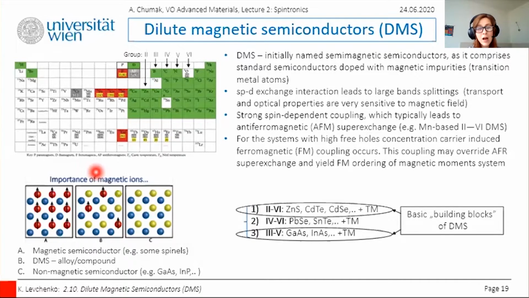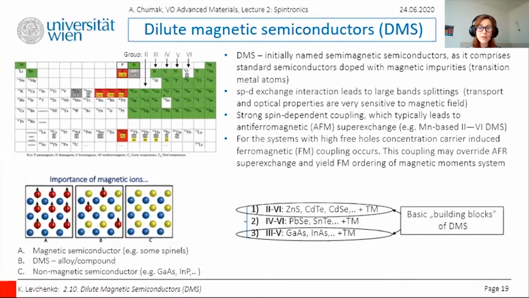Strong spin-dependent coupling typically leads to the antiferromagnetic superexchange, similarly to the magnetic semiconductors as were discussed earlier. However, for the systems with a high density of delocalized or weakly localized holes, like in p-type dilute ferromagnetic semiconductors, these could actually lead to long-range ferromagnetic interactions between transition metal ions, and this could override this antiferromagnetic superexchange.